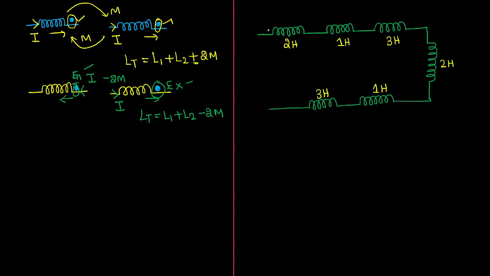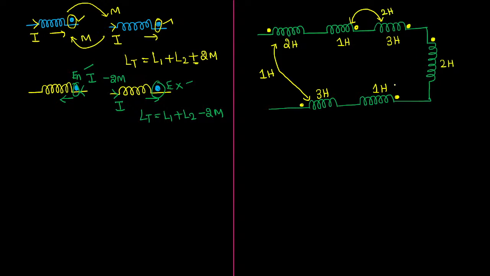After that, they kept the dots here: one dot here, another here, another here, another here, and then one more dot here. Dots are also given. Then they have given certain relations like this. They told this is 1 Henry. Then they gave the relation between these two coils, this value is 2 Henry.